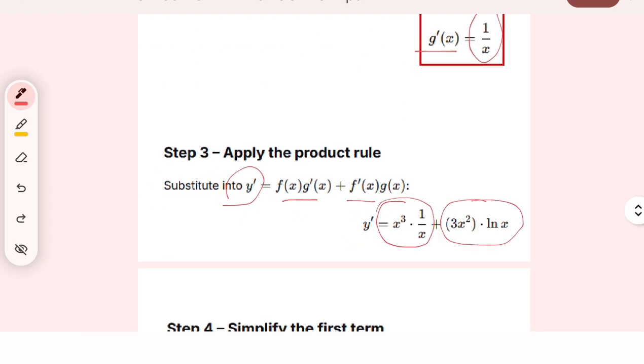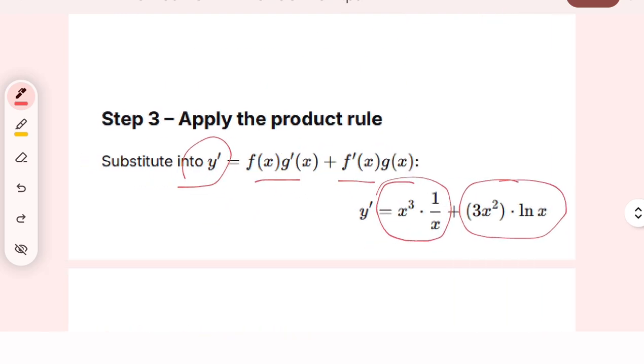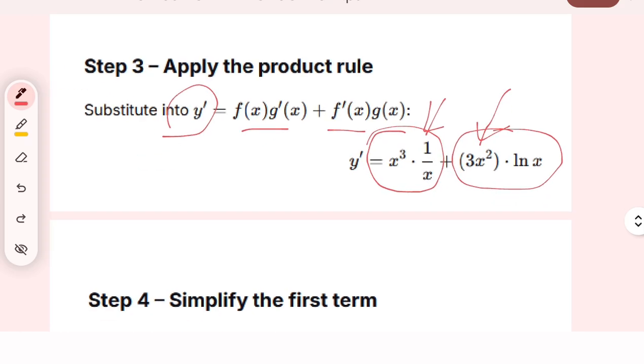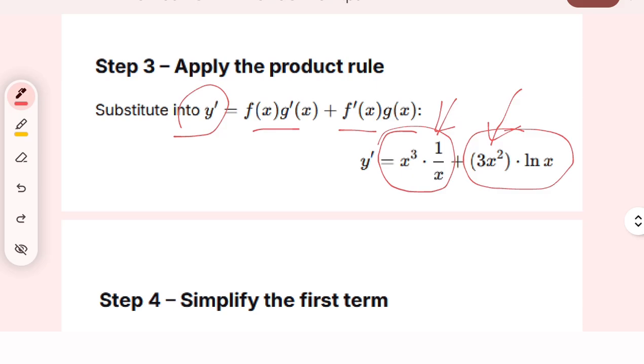Just put them back into the formula of the product rule: one function times the derivative of the second, plus the derivative of the first times the second function.